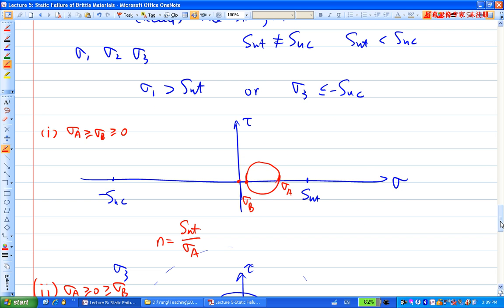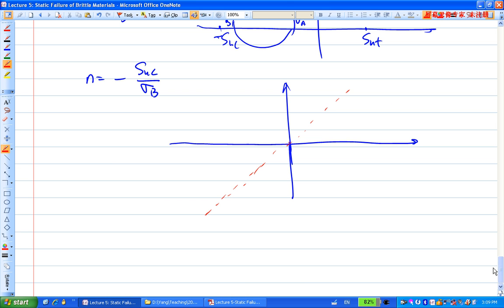The first case is sigma A greater than 0, so that's basically somewhere here. And what we're comparing is SUT with sigma A. This is A, this is B. That's the first case.